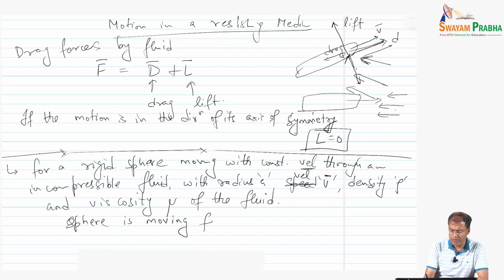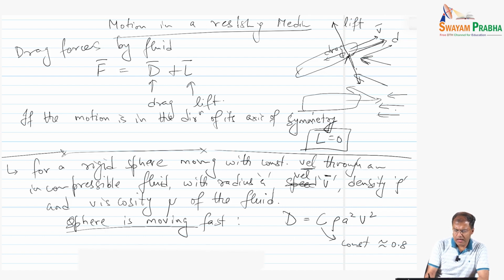If the sphere is moving fast, then the drag force is analytically found to be C times rho a squared v squared, where C is a constant roughly equal to 0.8. Notice that in the case of fast movement, the drag force depends on the square of the velocity, right?